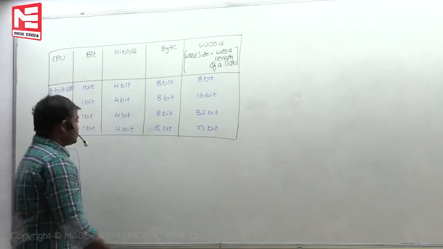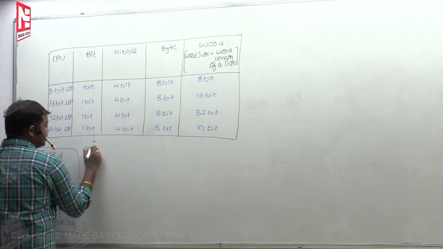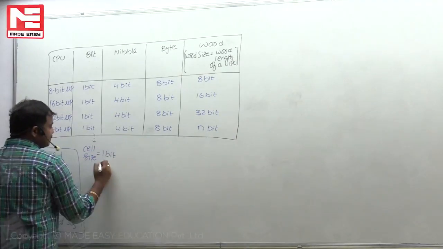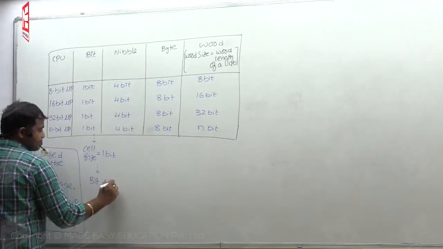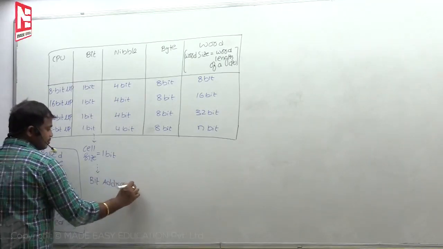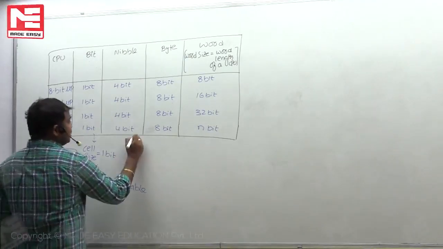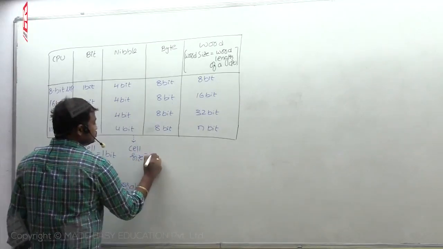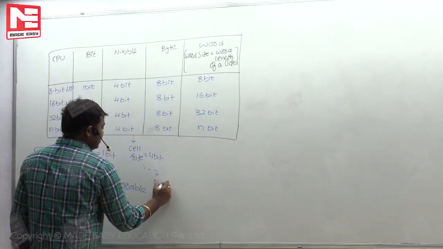Got the point? So now here, bit addressable means cell size equal to 1 bit. Then respective chip is bit addressable memory. Here cell size equal to 4 bit. This is called as the nibble addressable memory.